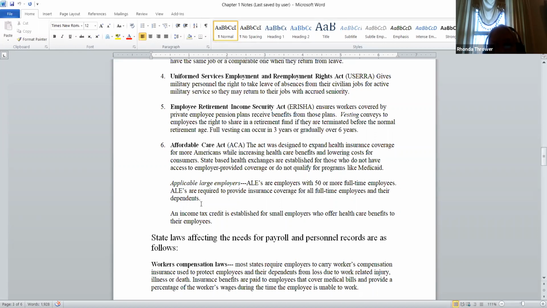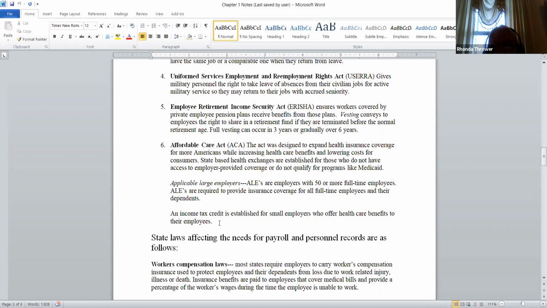If you're a smaller employer with less than 50 employees, you can take advantage of an income tax credit that is established just for small employers who offer health care benefits to their employees.